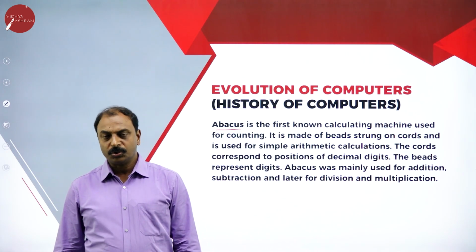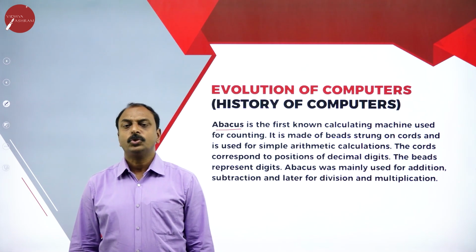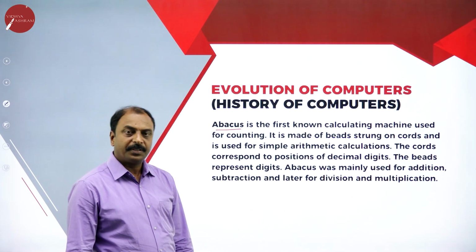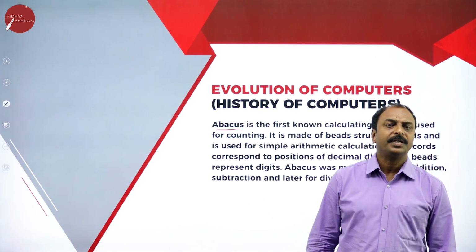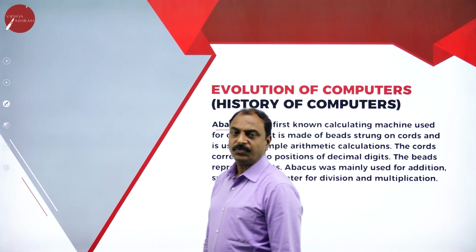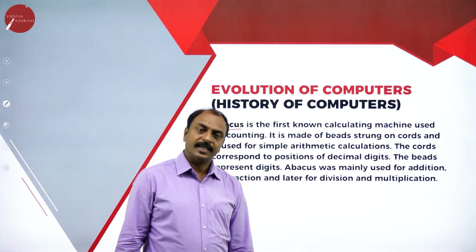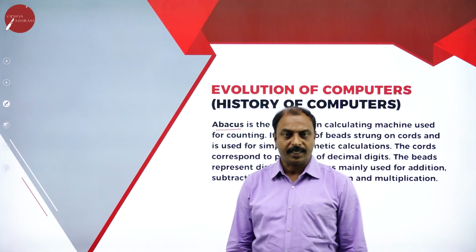During those days, those nomadic people used to mark something on trees, or maybe a tree's trunk, on the wall, or on the rock, wherever it was, they used to mark with some symbols. That is what led to the concept of counting.